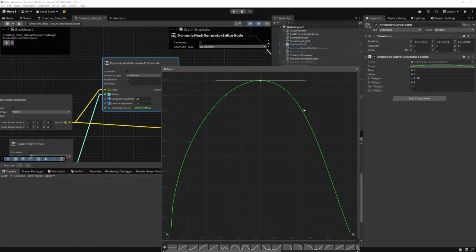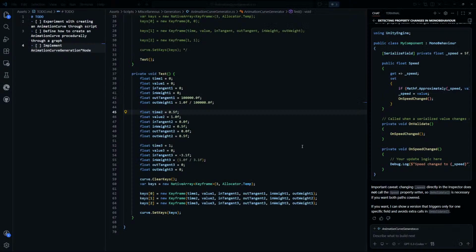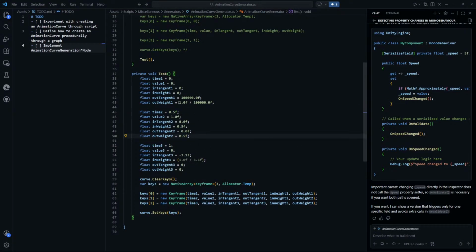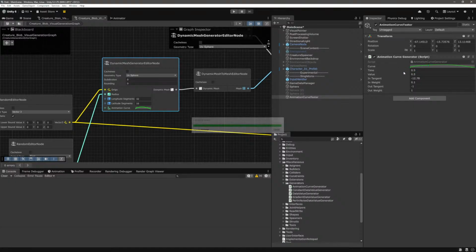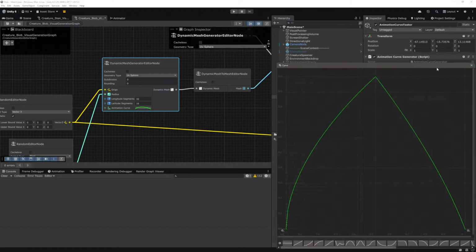Not fully understanding this. We should just create it here, honestly.